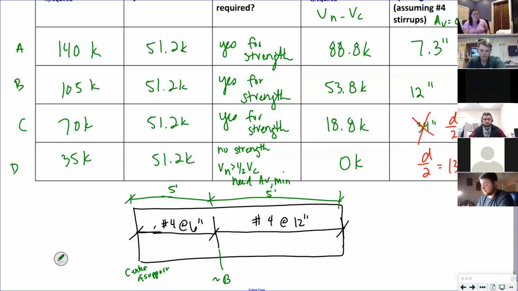It's because we need to know the variation of the shear along the length so that we know how much strength we need and what we need to provide for our shear reinforcement. Because that 7.3 inches that we did at the beginning, that was just right where we have our highest shear. We can space them out further because we don't need as much.